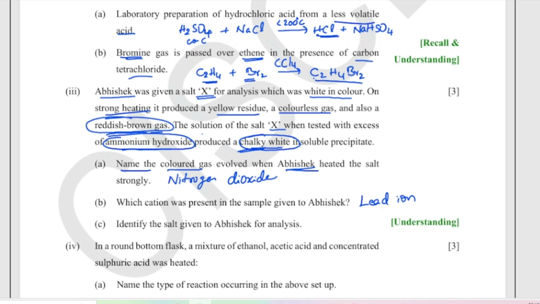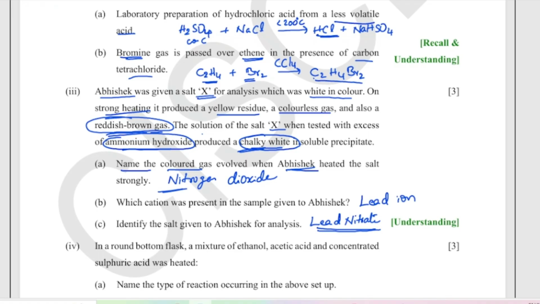Identify the salt given to Abhishek for analysis. So here the cation is lead, and on strong heating you are getting nitrogen dioxide, so that must be a nitrate. So the given salt must be lead nitrate.